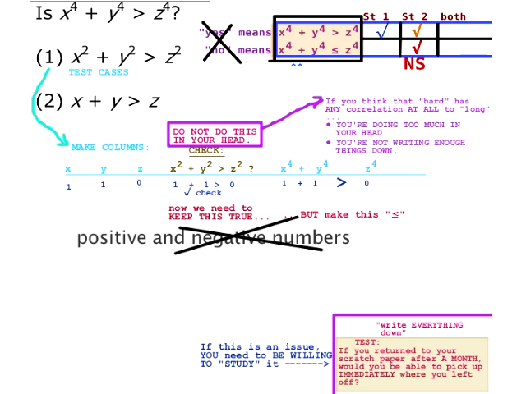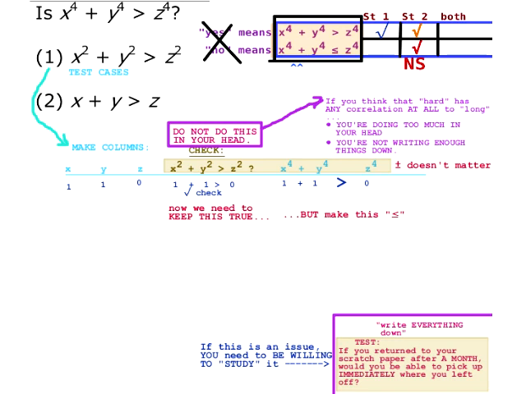Because these are all even powers, all of them are even, so positives and negatives don't matter at all. And if that's not clear, then again, the name of the game is do stuff and don't not do stuff. When you plug negatives in, they will do precisely the same thing that positives will in both statement 1 and statement 2.